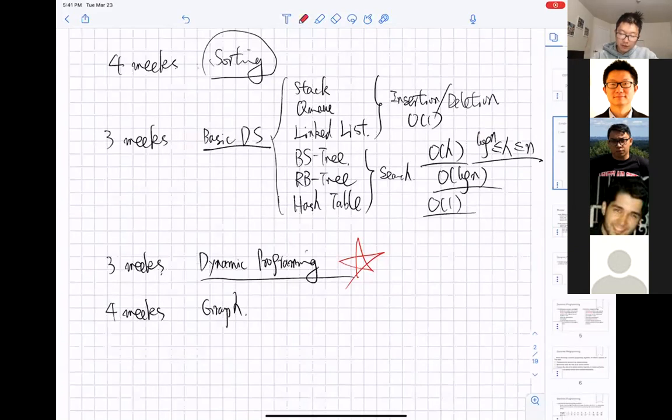So in the next 3 weeks, we're going to talk about dynamic programming. In my point of view, this one is the most difficult because it involves a lot of math. From the programming side, it's not that difficult, but from the theoretical side, it's really difficult.